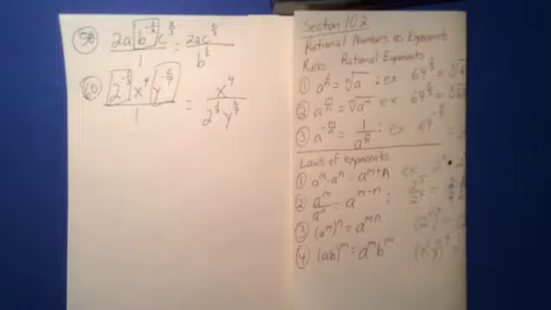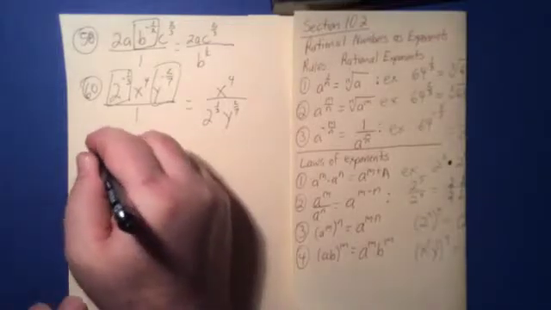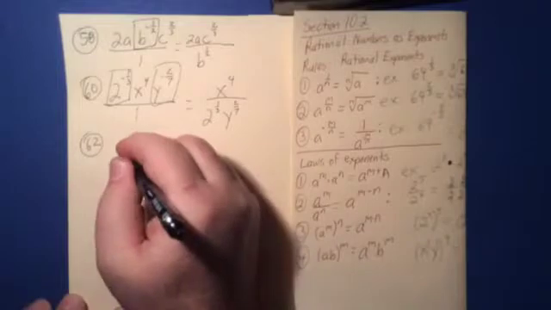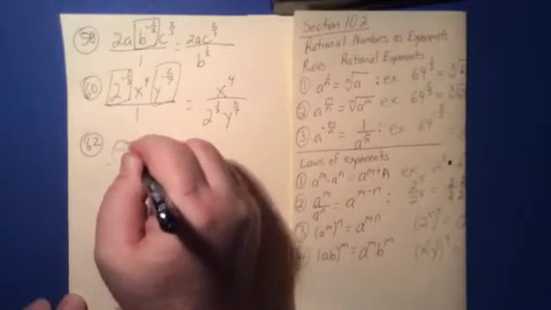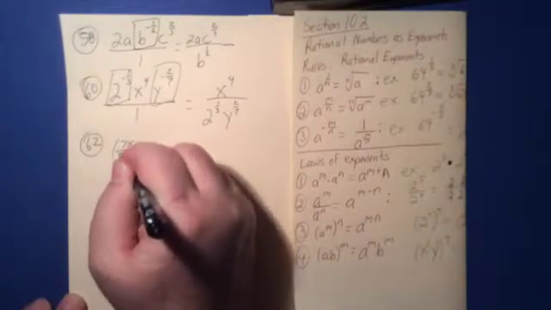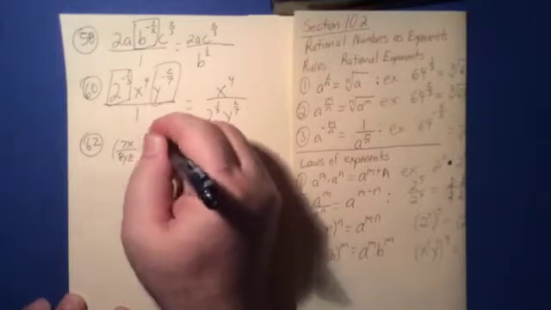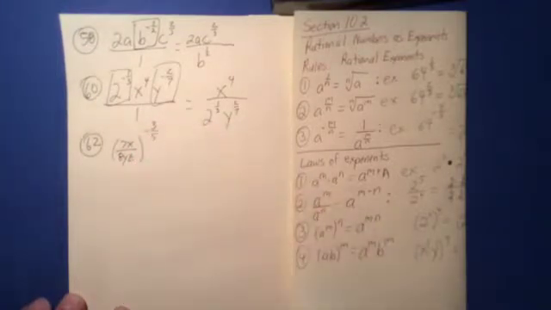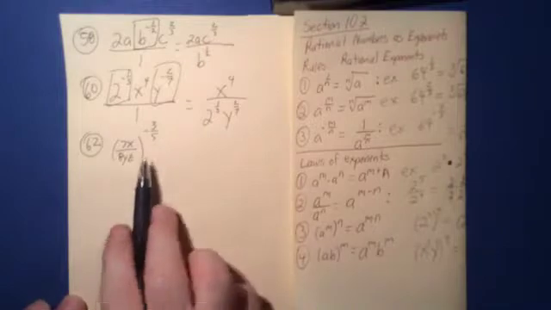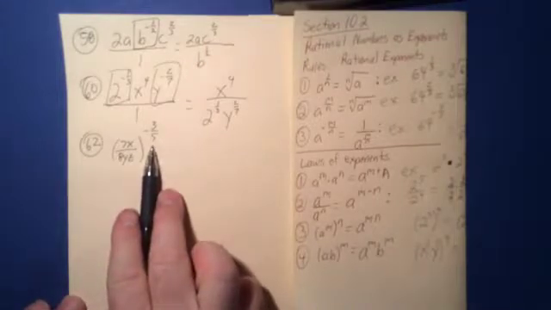One more item here. So take a look at 62. So now we've got 7x over 8yz, all raised to the negative 3 over 5. So in this last question here, remember, it's like we said before in one of the previous problems.